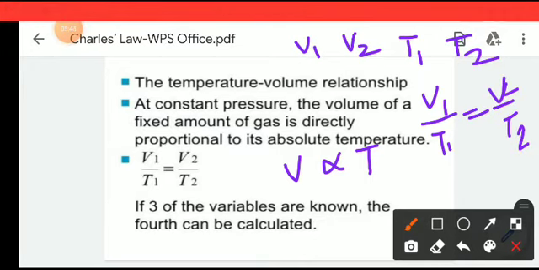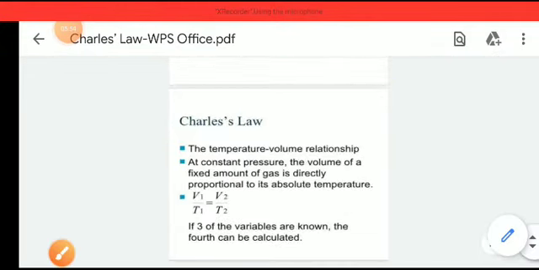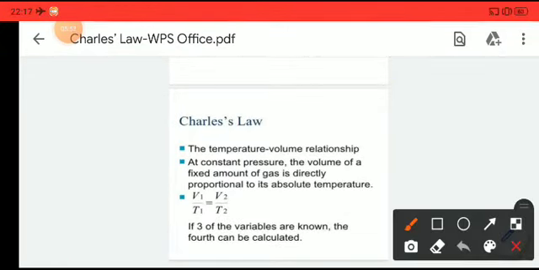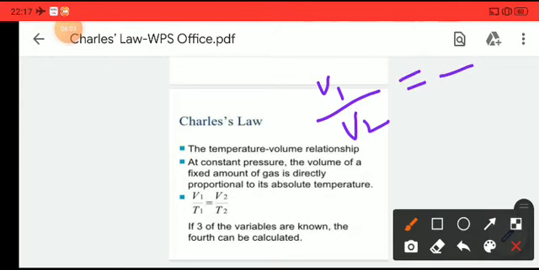We can further rearrange it and also write it as V1 by V2 is equal to T1 by T2.